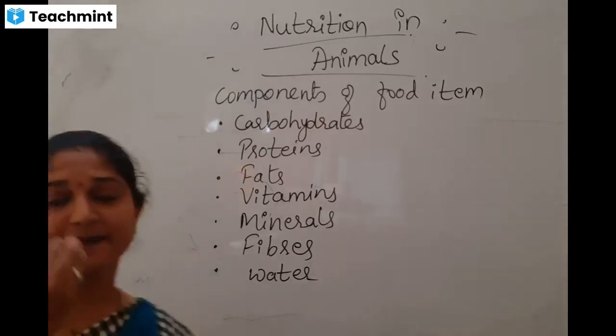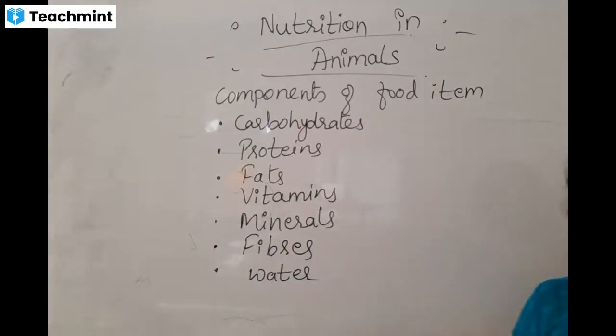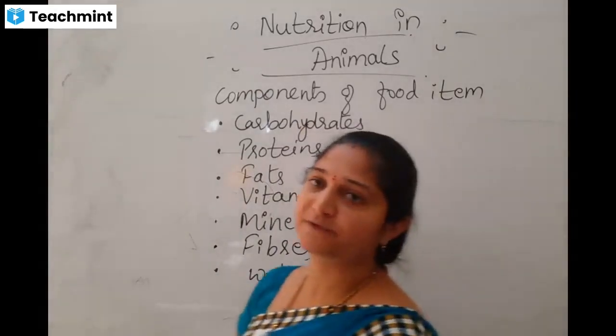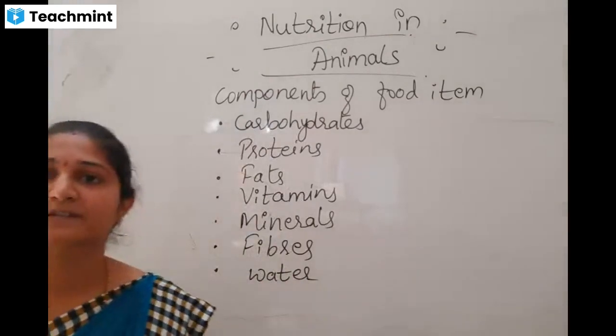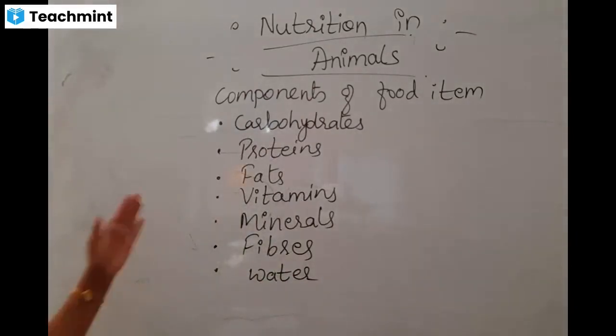Then there are insects, birds. How do they take food, how do they consume food from the environment, and how do these nutrients get involved in their food? All of this we are going to study in this chapter.